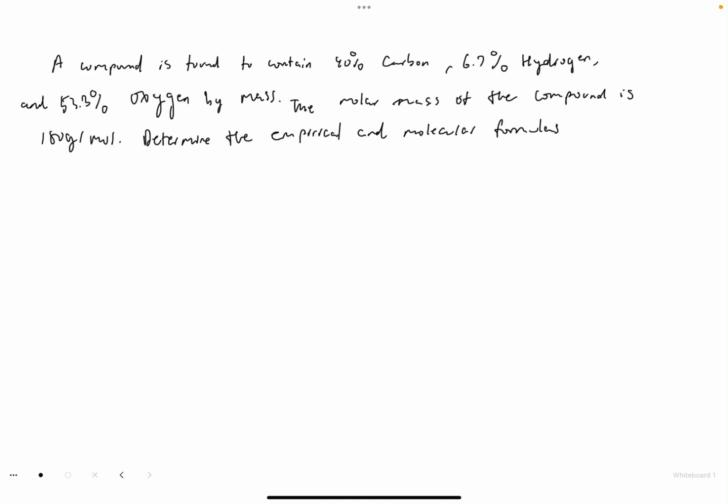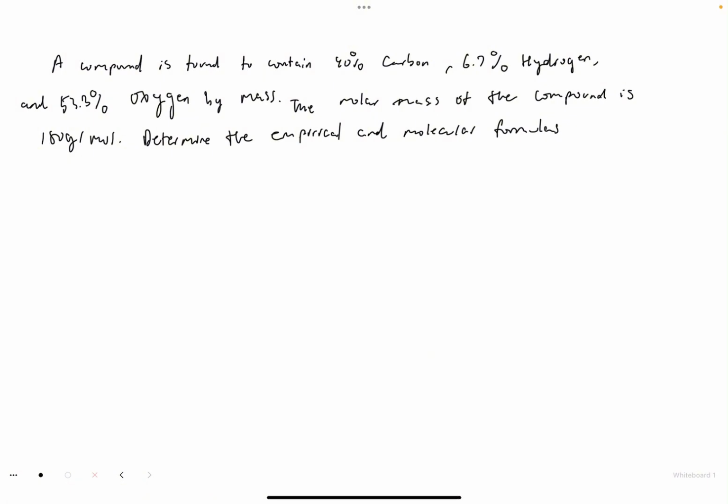In this final example, a compound is found to contain 40% carbon, 6.7% hydrogen, and 53.3% oxygen by mass. The molar mass of the compound is 180 grams per mole. Determine the empirical and molecular formulas.